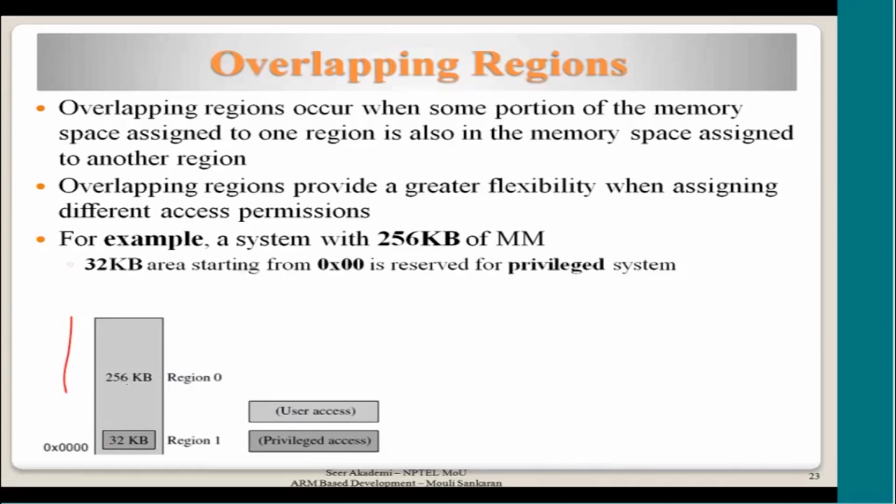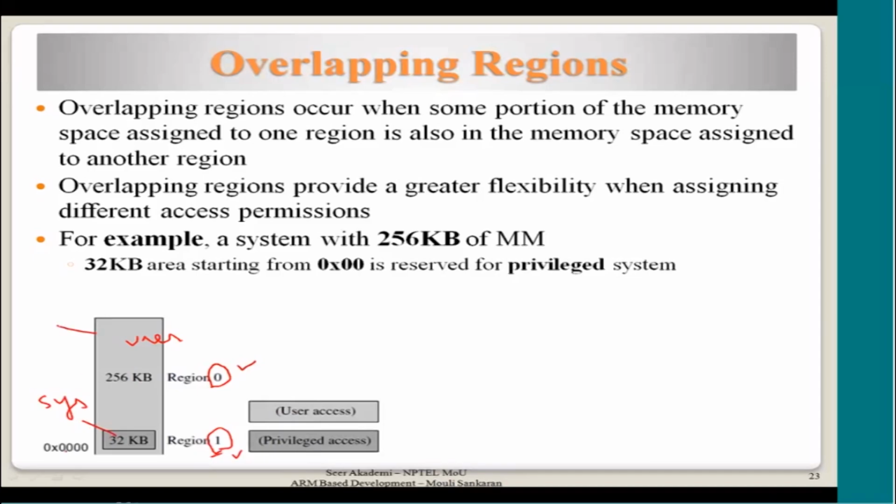Now you see that the user access region is overlapping with this one also. That doesn't mean this user process will have free access to this region. Why will it not have? See the numbers here. Very important. If it was reversed, then what I said just now would be possible, but it is chosen very intelligently that region 0 is given to the user processes, and the system memory is given region 1.